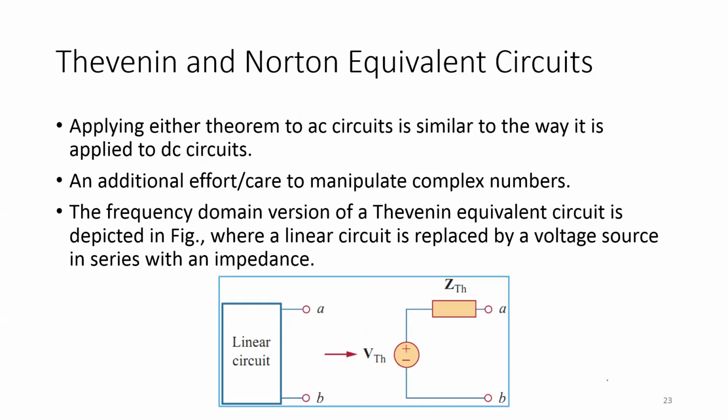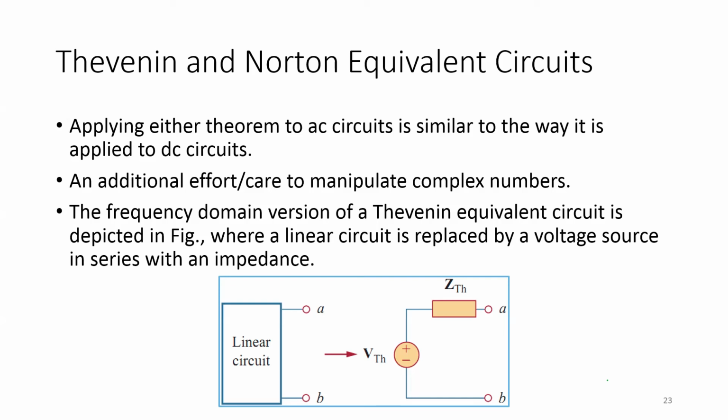Thevenin and Norton equivalent circuits. These are also circuit simplification techniques in which we find the voltage drop across some given terminals and the collective impedance seen by the circuit at those two given terminals.